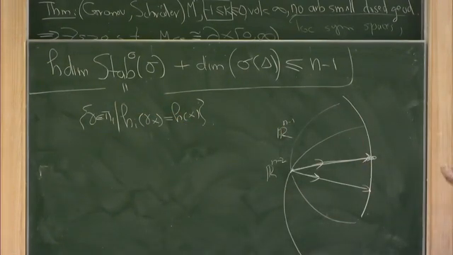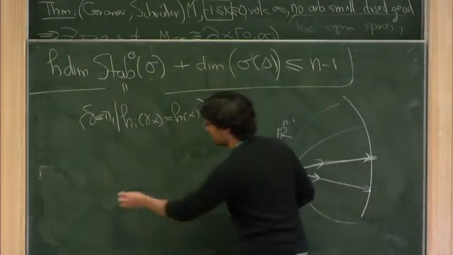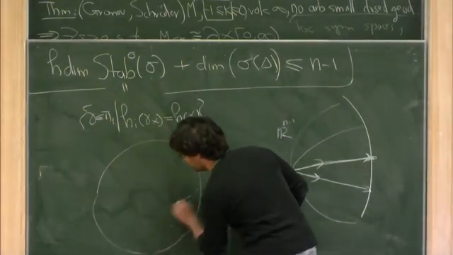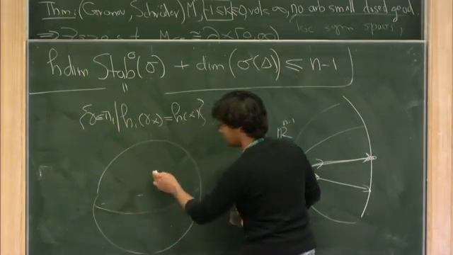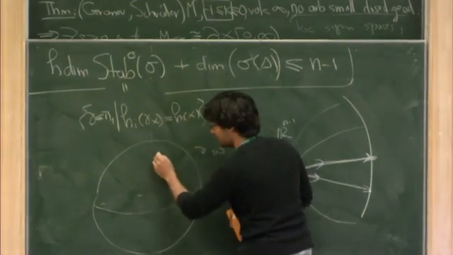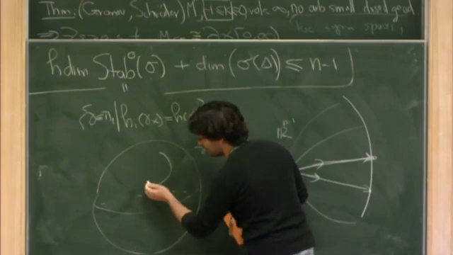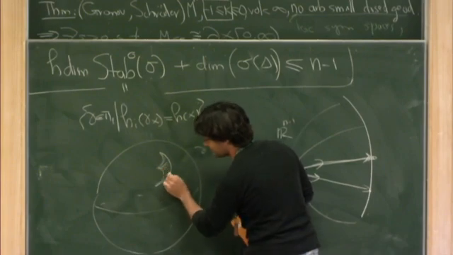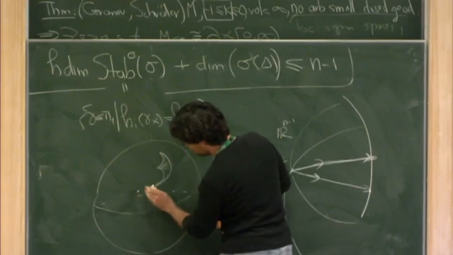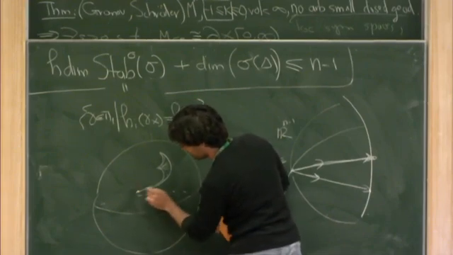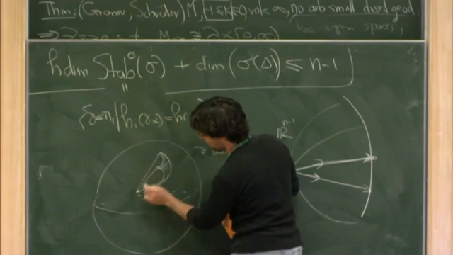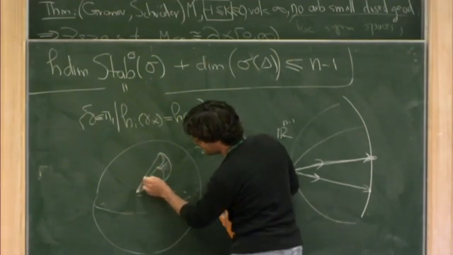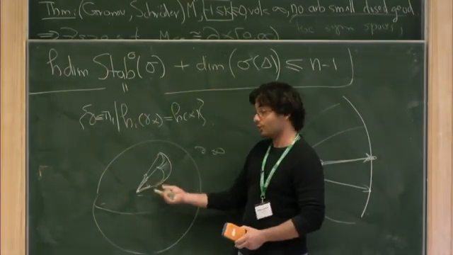Now, the last thing that I want to say is that if you try to do this in higher dimensions, this way it will not work. And the reason it will not work is, you can have a picture of the following sort. So this is the boundary at infinity. And you have something that looks like a non-degenerate simplex. But when you look at it from a particular point, even if it's non-degenerate at infinity, it could be that the vectors going to it from that point are collinear.